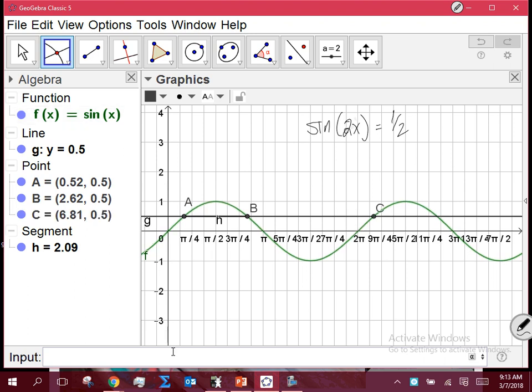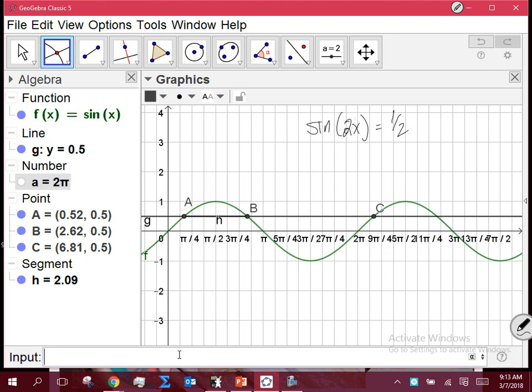So let's look at C. Let's look at the distance between the x value of C minus the x value of A, and the distance between them is 2 pi, right? Okay. So every point that is A plus a multiple of 2 pi will give me another solution. Does that make sense?